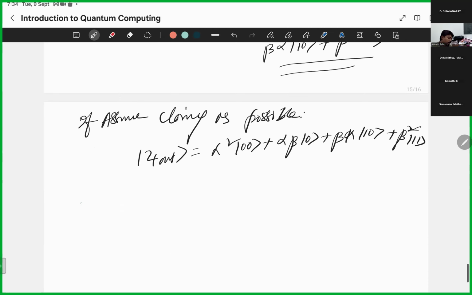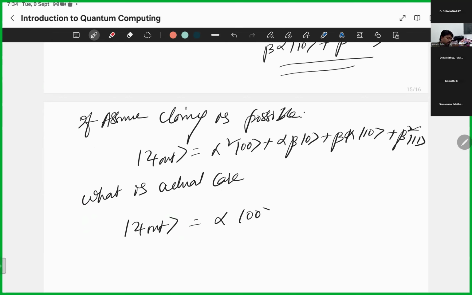But what is the actual scenario? The actual quantum output state is alpha |00> plus beta |11>. Now, to make cloning possible, the real world scenario must be the same as the assumed cloning scenario.